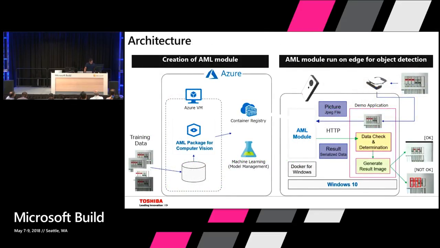This is a brief overview of the architecture we used. The created AML model is downloaded into our Dynage devices, and performs standalone object detection using our smart glasses. This application realizes our mobile edge computing vision.